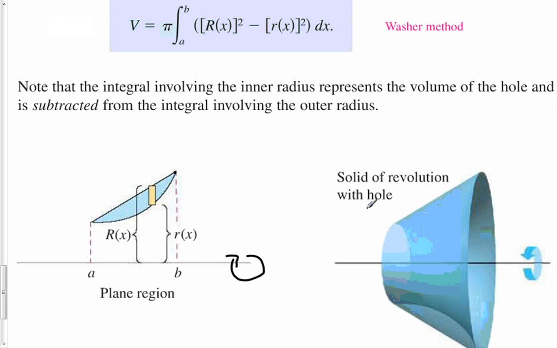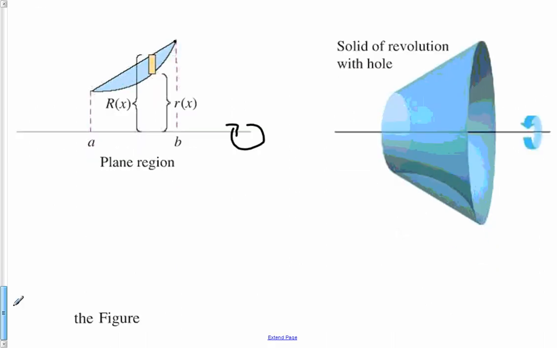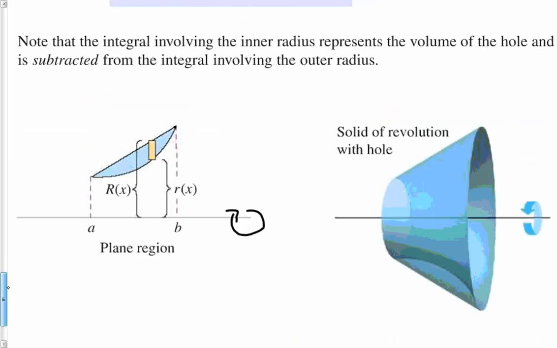When we revolve, we get this shape right here. It's kind of a cone, with kind of a bevel on the inside because of the inside function being quadratic in nature. But this is how we find the volume of a region using the washer method. That is the washer method.